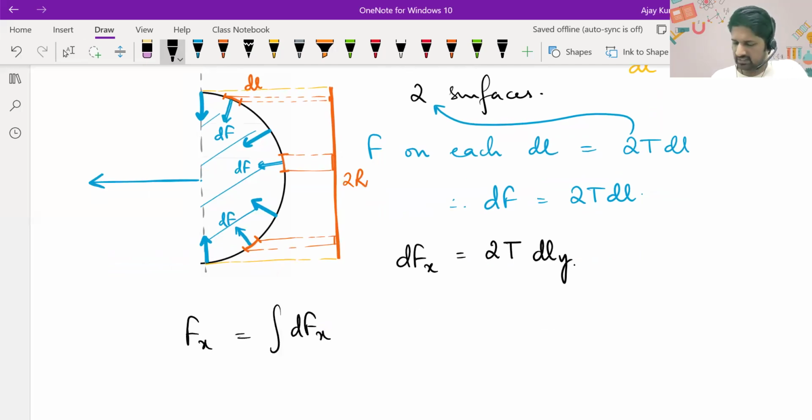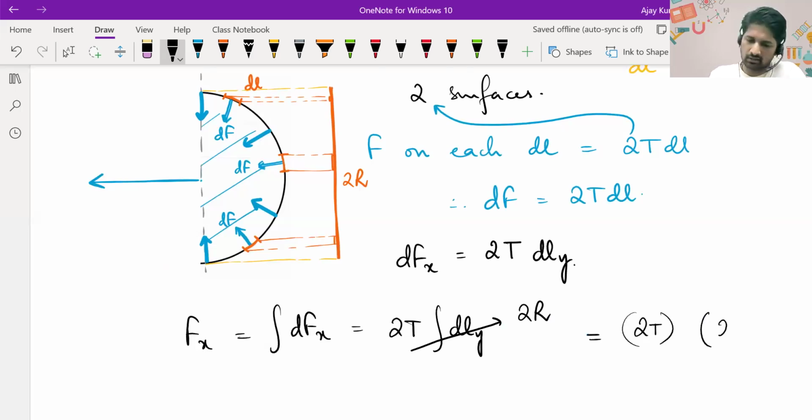the small forces in the x direction. So you will be integrating 2T. Okay, you'll put the 2T aside and you'll be integrating the length components in the y direction. When you add all the length components in the y direction, it becomes 2r. Therefore, it becomes 2T multiplied with 2r. Or to simplify it, I'll write it this way.